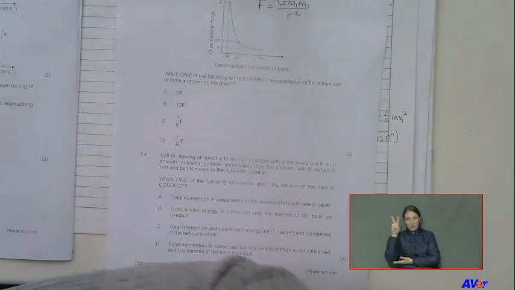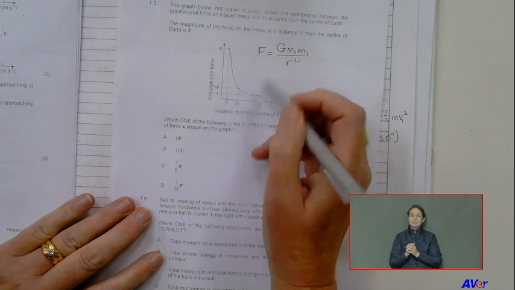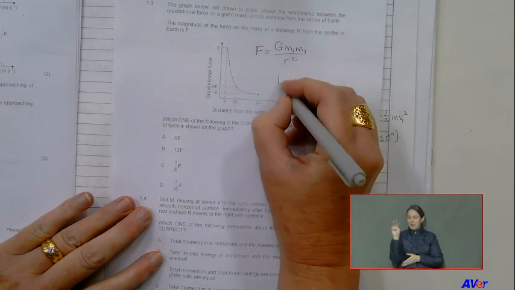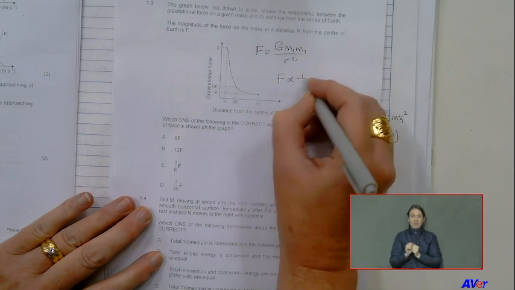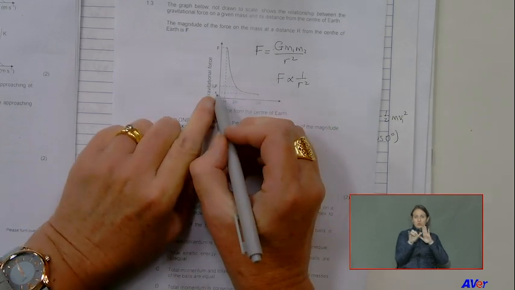That's my formula that I'm going to use. The other thing that's important, the G and the M stay constant. So that means F is inversely proportional to r squared. Now they say, which one of the following is the correct representation of the magnitude of the force X shown on the graph? So I want X.